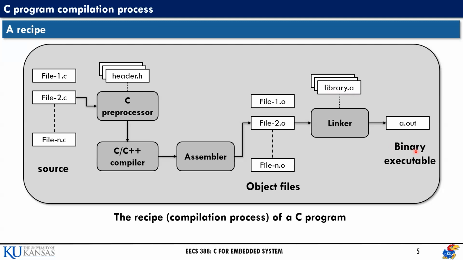And this binary executable is ready to run on a CPU. So this is a very fundamental concept, how we compile a C program. And this is very important to know when you are working with a C program.